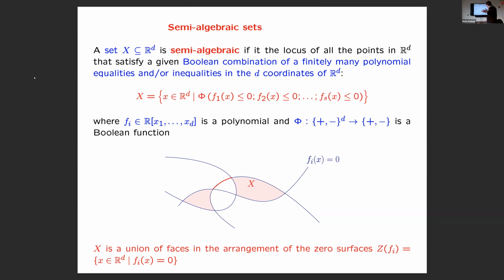If you look at it closer, each of these polynomials which we use in the inequalities determines a certain hypersurface, which is the zero surface of that polynomial. So no matter what the Boolean combination is, we are always looking at a certain combination of features in the arrangement of these zero surfaces.